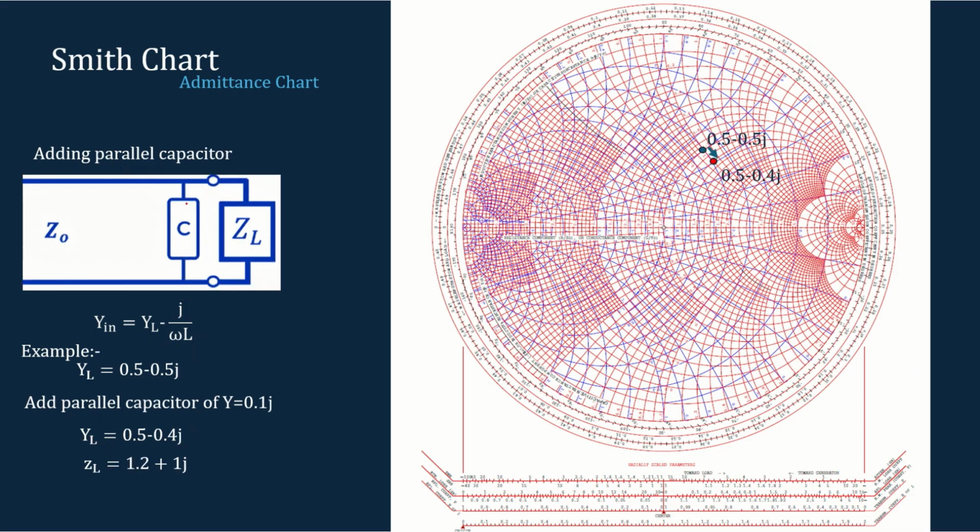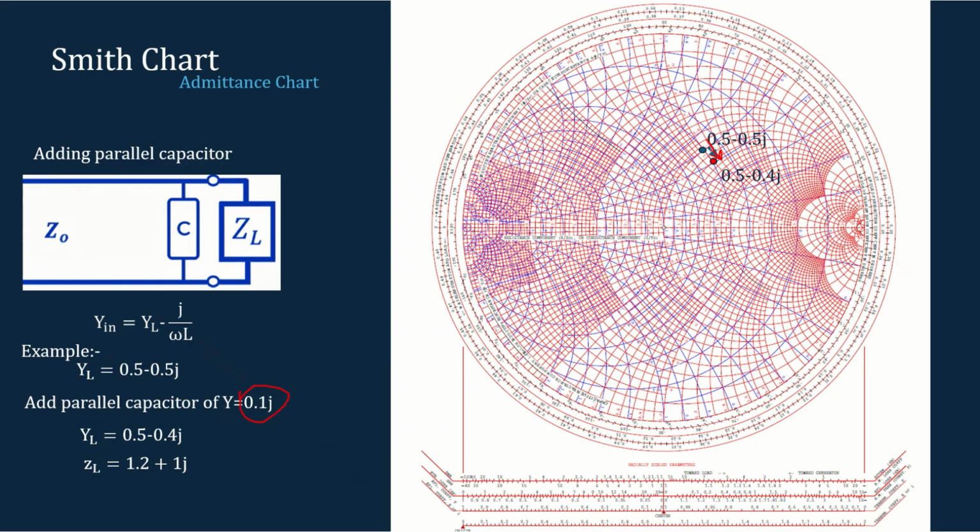Similarly, if you have to add a parallel capacitor, you have to move downwards. Adding a capacitor is like moving downwards on the constant conductance circle. So this is my case. This is my load admittance 0 minus 0.5j, and I am planning to add a capacitor of 0.1j.